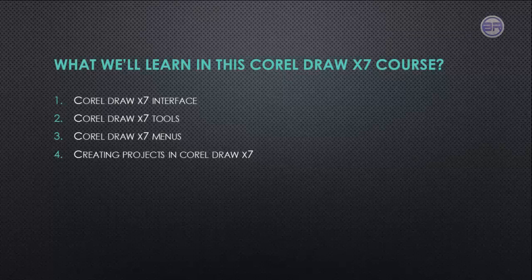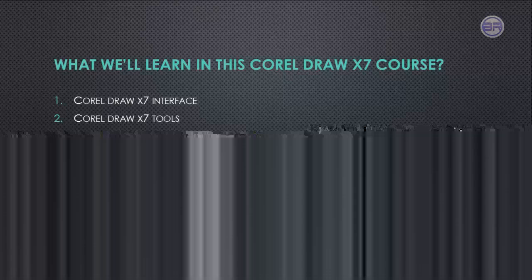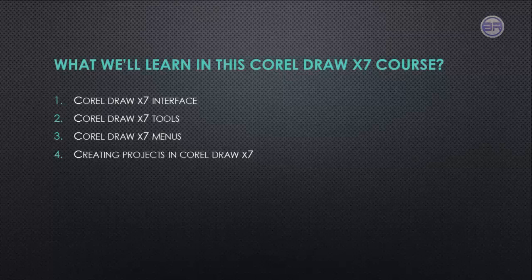After that we will discuss the tools inside Corel software, and then we will discuss the important menus of Corel, and in the last section we will create projects in Corel X7. For example, creating logos, creating brochures, creating visiting cards, creating business cards, and things like that.